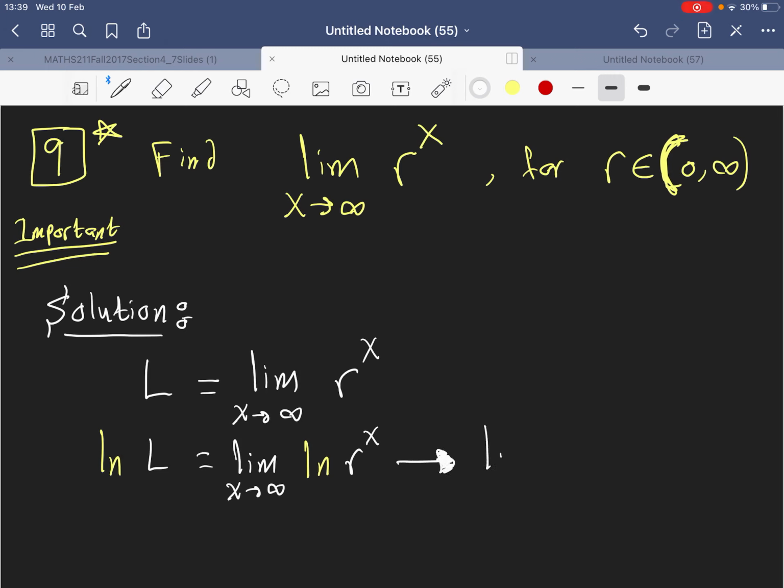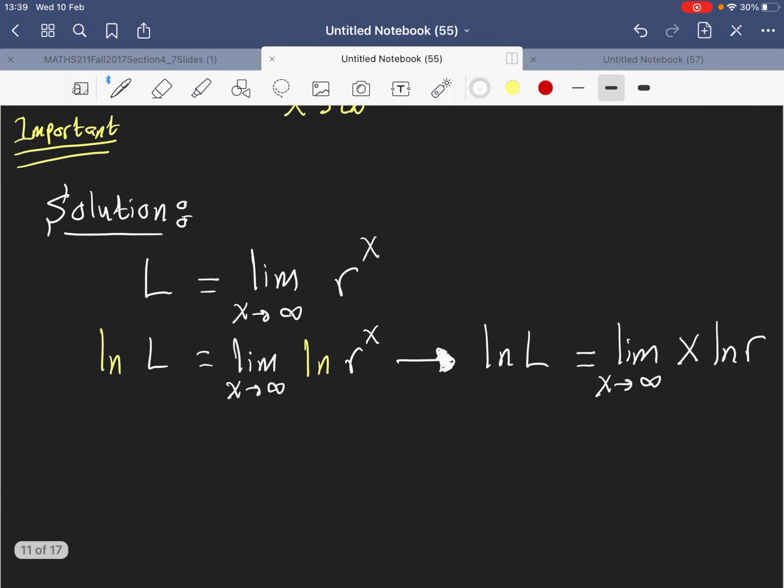So what we have next is L equals the limit as x goes to infinity of x ln r. Now, what will be the answer? Of course, r is a constant.